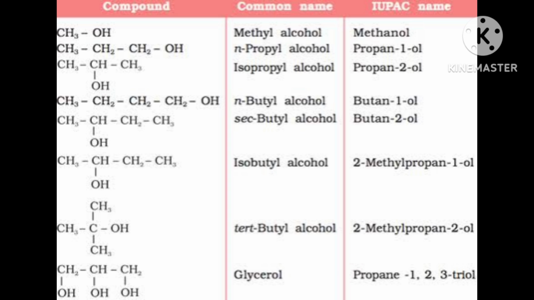Heptane means 7. Now next I am talking about the next example. Now this CH3O is attached with CH3. Actually CH3 is attached with CH3. Then with the middle carbon, CH3O is attached.